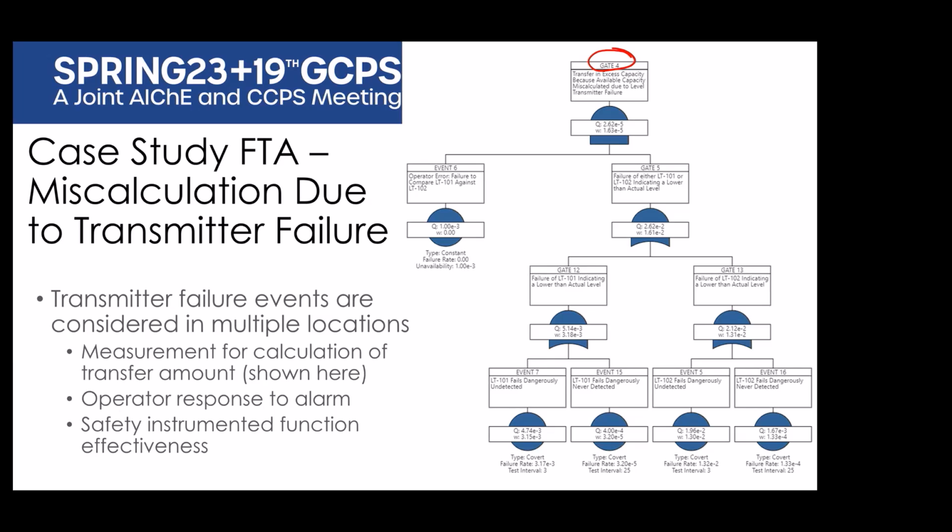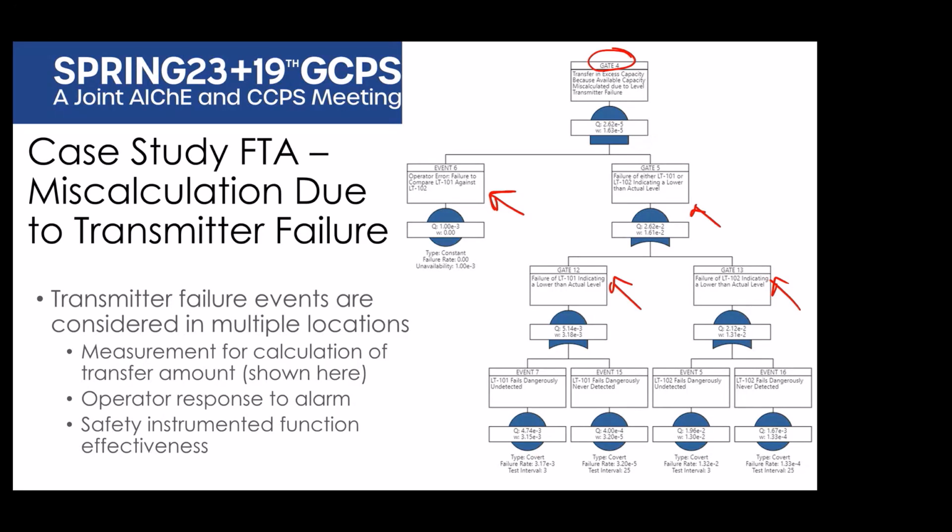Well, the reason that I would send an excess amount is if I just failed to compare my level transmitters against each other to realize that one of them isn't working, and then I looked at one of those and I calculated an amount of material that is in excess of what the available space is.